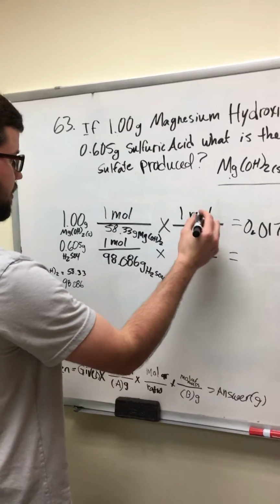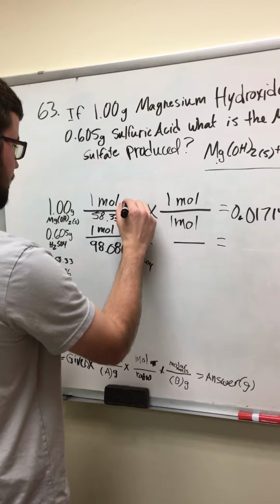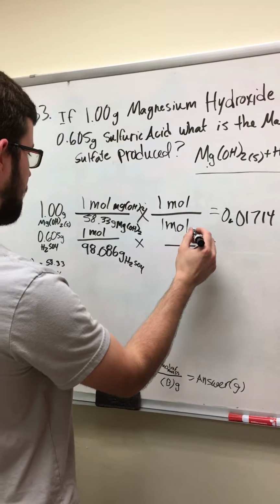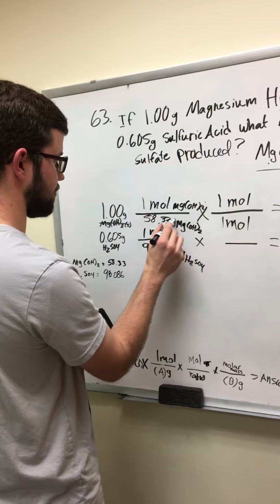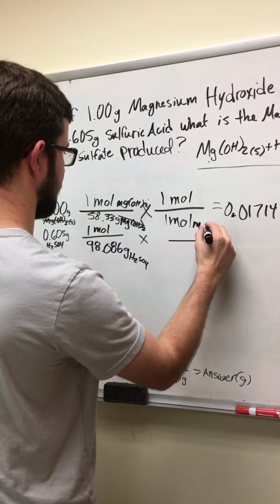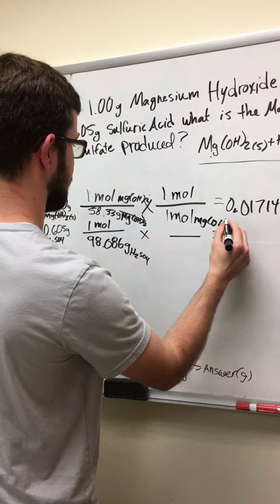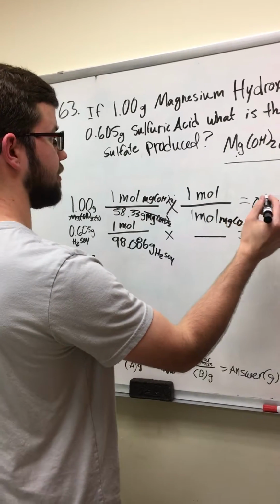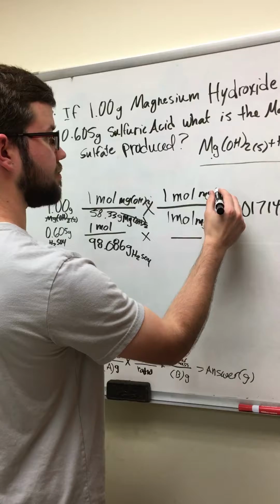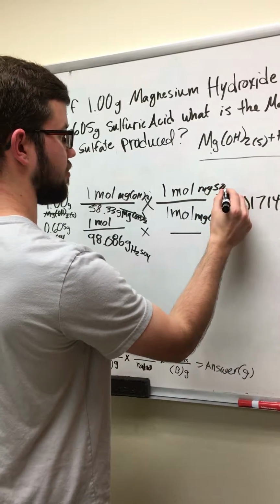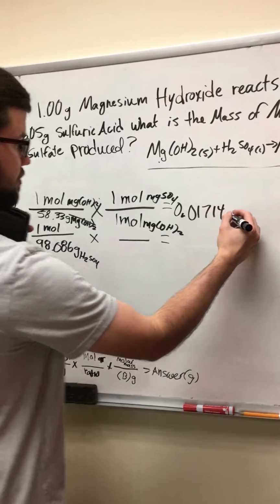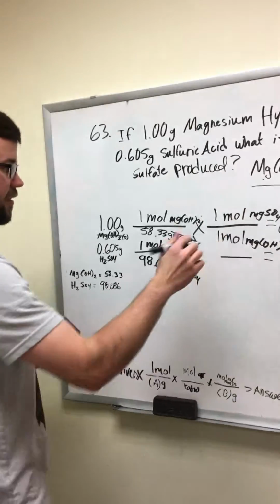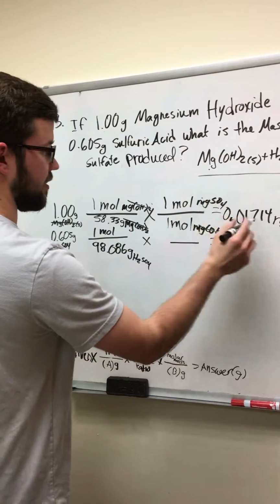And it's 1 mole of magnesium hydroxide, and these cancel out, and this is 1 mole of magnesium hydroxide, and this is 1 mole of magnesium sulfate. And so this is magnesium sulfate. Alright, sorry about that confusion. These cross out.